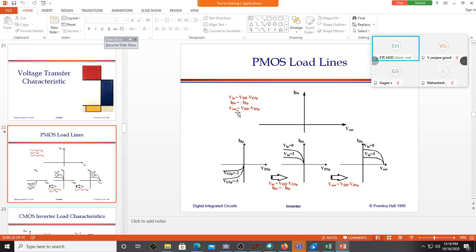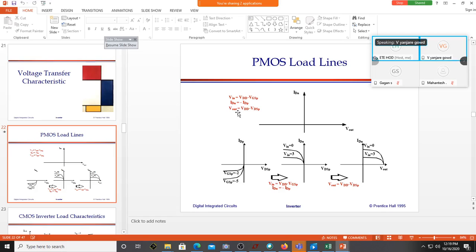And how about V out? Can I write VDS of P is equal to VD minus VS? What is VD? VD is V out and VS is VDD.